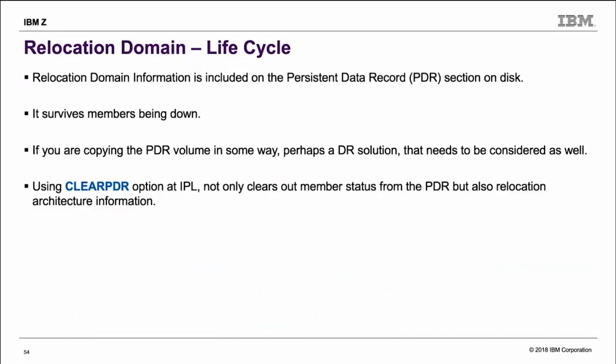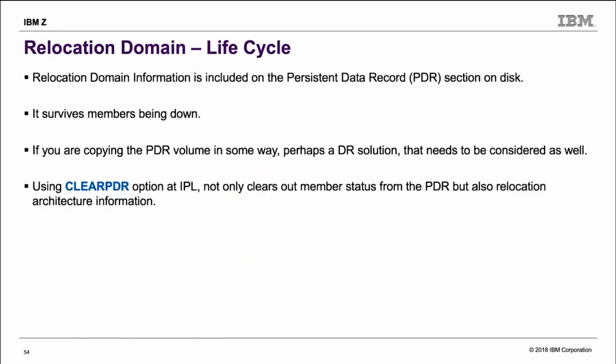Okay, so the general life cycle of a relocation domain is this. We create our defaults and any user-defined domains over the life cycle of our cluster. These domains persist even as members are coming online or going offline from a cluster. And because I've used the word persist here, hopefully it's not going to surprise you when I say that information on these relocation domains is kept in the PDR, right?